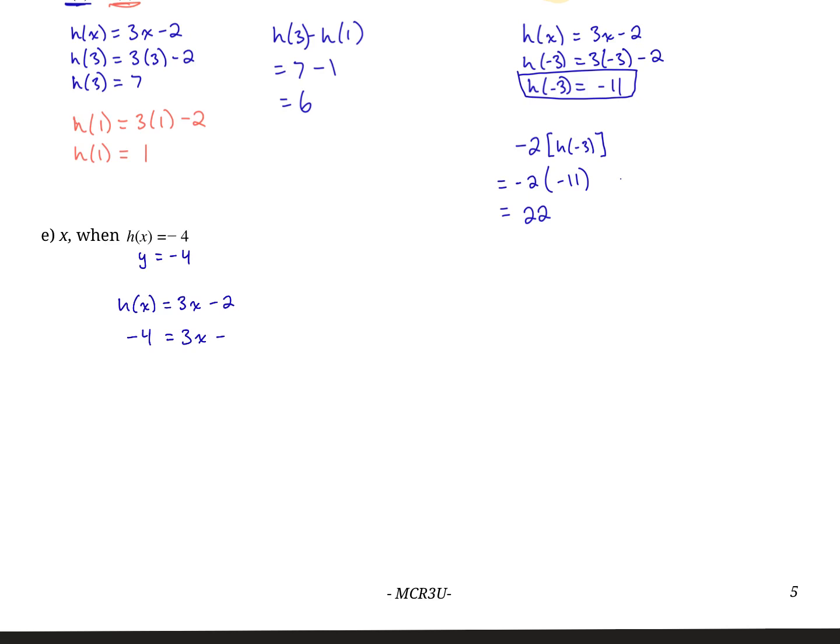So our unknown variable here is x. We're just solving this equation for x. So it becomes negative 4 plus 2 equals 3x, and that is just negative 2 equal to 3x, and if we divide both sides by 3, x is just equal to negative 2 over 3.